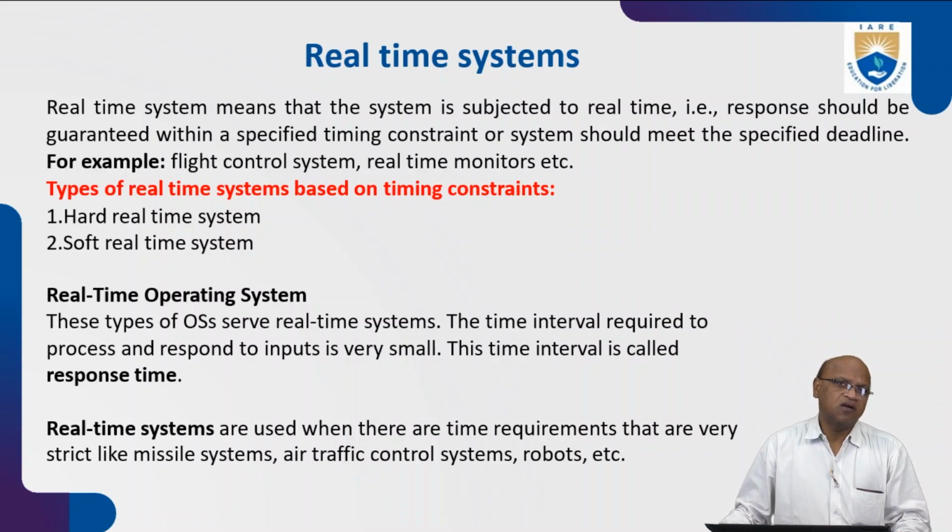Suppose you look at flight control systems: if there is any delay in the execution of instructions or programs, the flight will collapse, or there will be a fatal accident in mid-air. So this type of software should be executed within the stipulated time without delay.